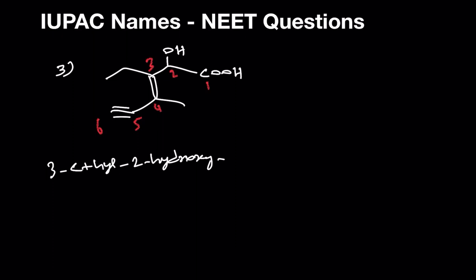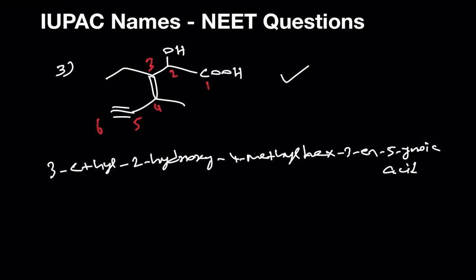So the suffix has to end with oic acid. So 3-ethyl, 2-hydroxy, 4-methyl and then hex 3-ene because we have a double bond at third position and then 5-ynoic acid. So this is the correct structure.